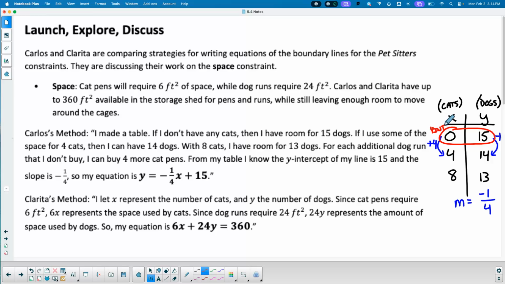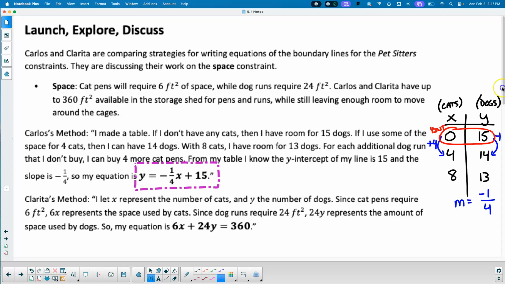So that's how Carlos came up with the equation for his spatial equation as y equals negative 1/4 x plus 15. Okay? Anybody unclear about how he got it? Okay.